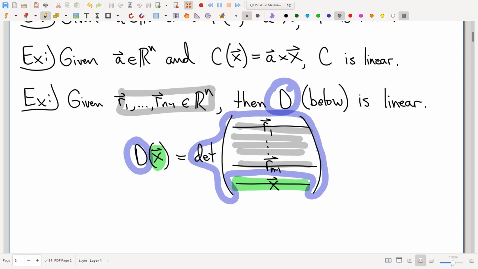So D is much more than just determinant. D does not take a matrix as its input, just for starters. D takes a vector, makes a matrix in this weird way, always using the same constant list of vectors, and then takes a determinant. So this is actually linear.